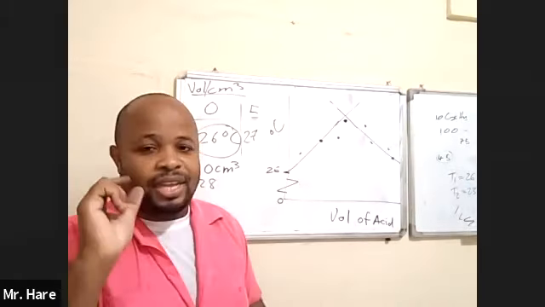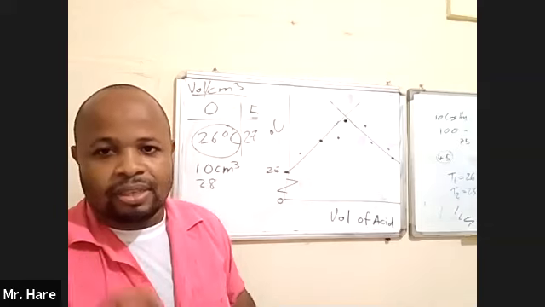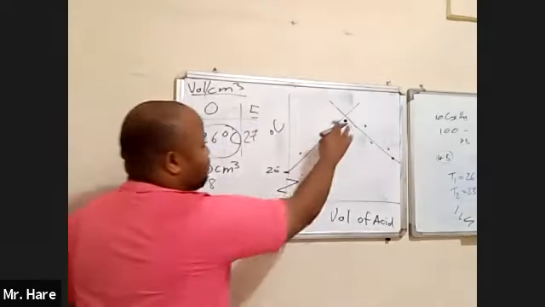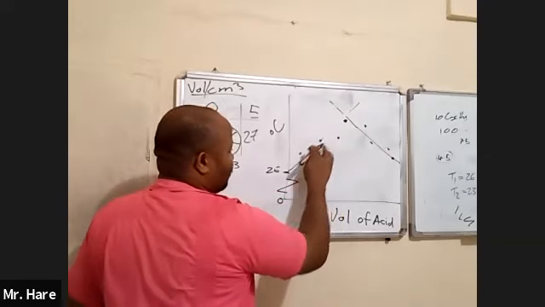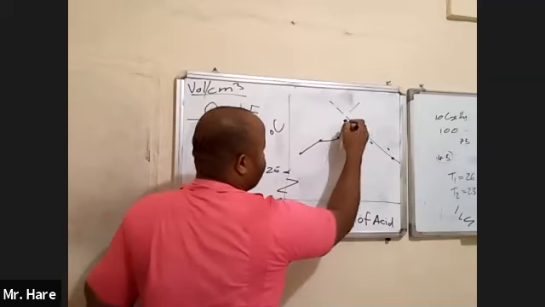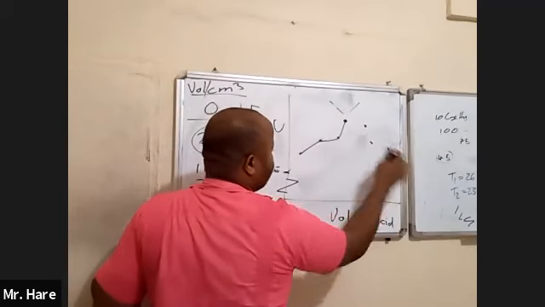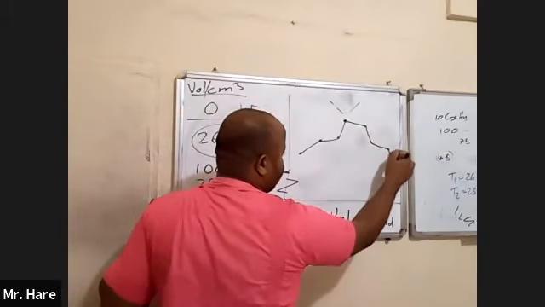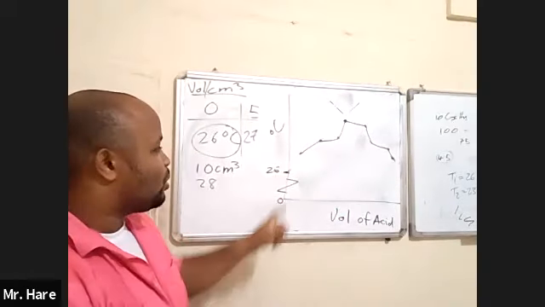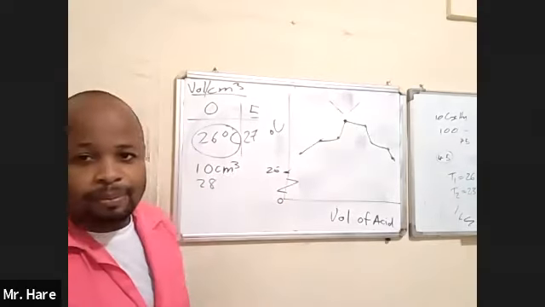Remember, I said that for the line of best fit, if these are your points, right, you would not do this. That would not be a graph. So you should not connect the dots.